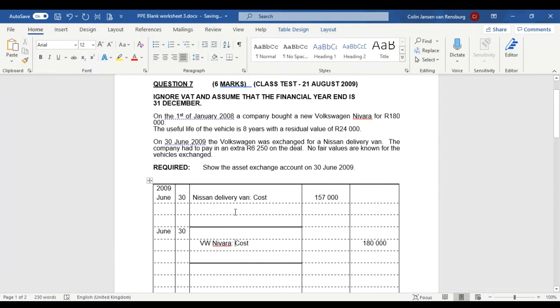Then when it comes to the accumulated depreciation, the account that contains the accumulated depreciation, as it stands now before we do the exchange, does it have a credit or a debit balance?